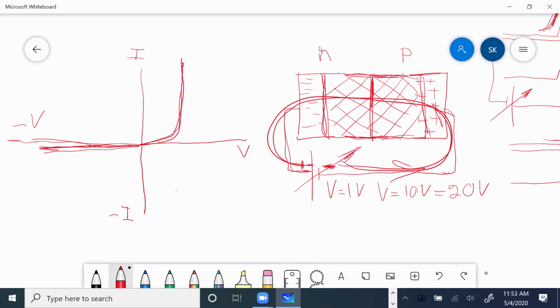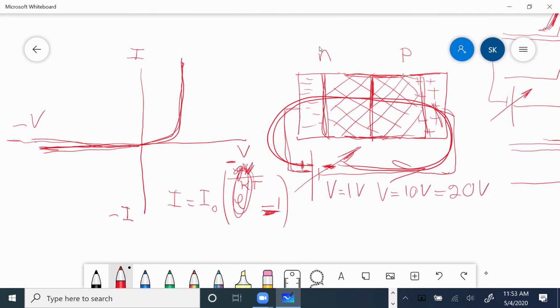Now the mathematicians told us I equals I0 times e to the power qV over kT, minus 1. Now look here, when this becomes negative voltage, the higher the voltage, the smaller becomes this term, and the minus 1 becomes more pronounced.